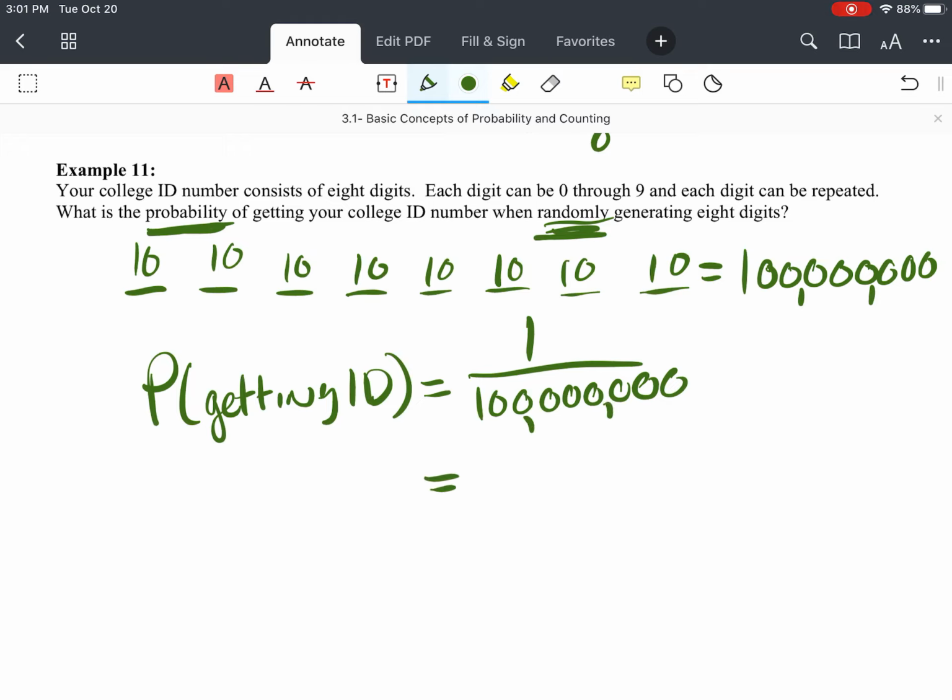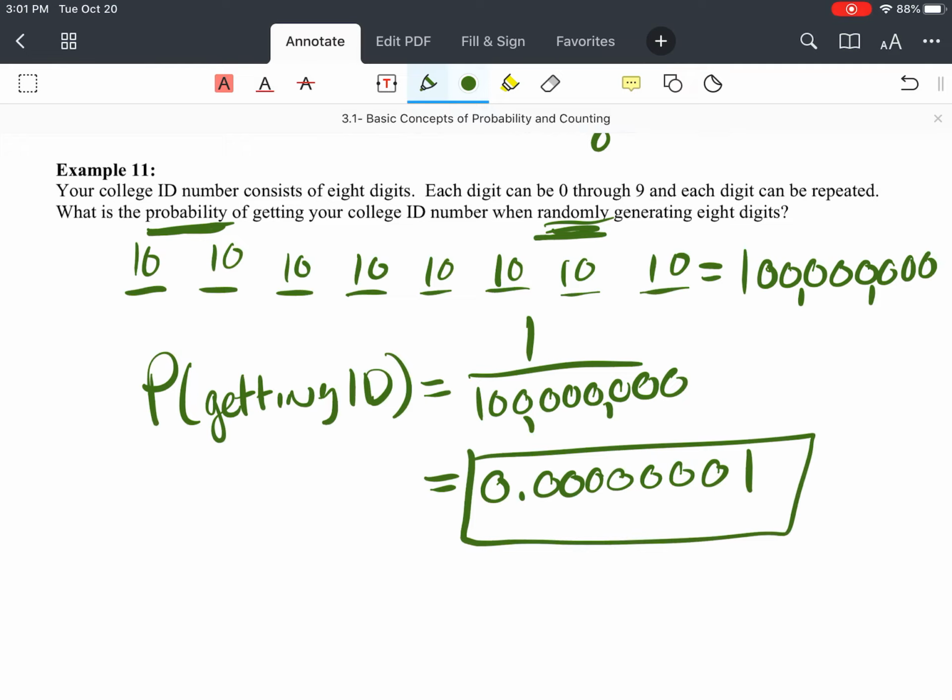Okay, and then we simply can divide those out, and we get 0.000. There should be 7 zeros before you get to the 1. Okay, so this is the probability that you'll get your college ID number by randomly generating it once. Okay, that's also, let's see, that would be 0.234551%. So it's a really, really small chance that it'll happen.